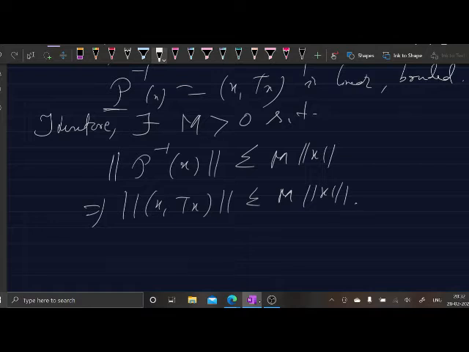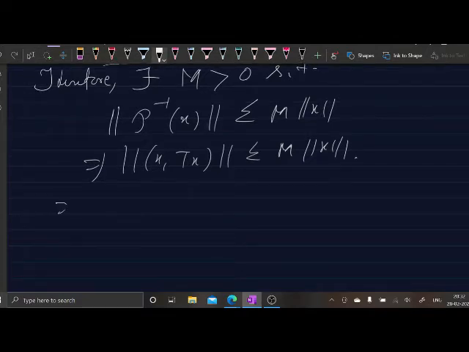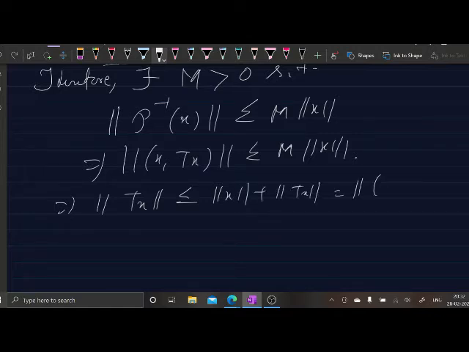Okay. So therefore norm of Tx must be less than or equal to norm x plus norm Tx, which is equal to norm of (x, Tx), and this is less than or equal to M times norm x. So hence, this is true for all x belonging to capital X.